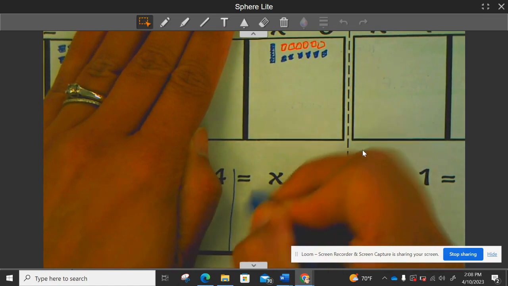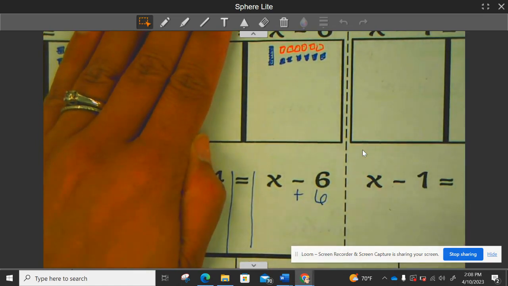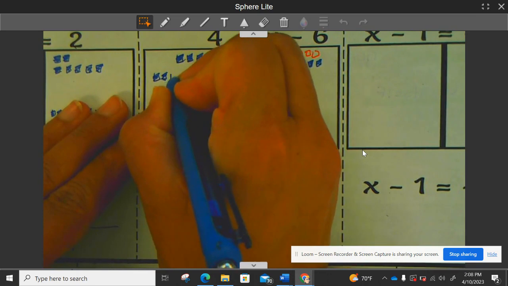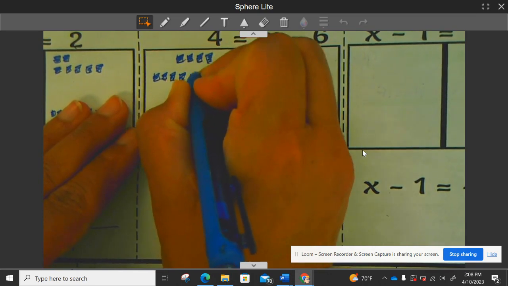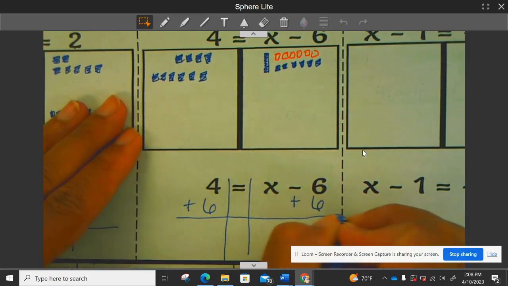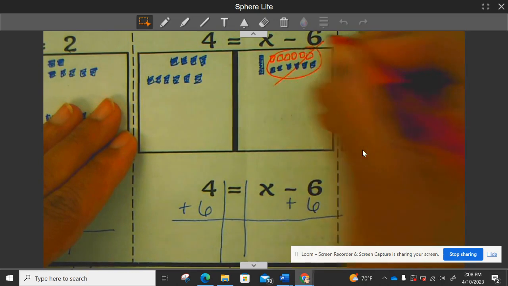So that way these cancel each other out. So here, add 6 positives, and I'm going to do that to both sides of the equal sign. Just like that. These are 0 pairs.